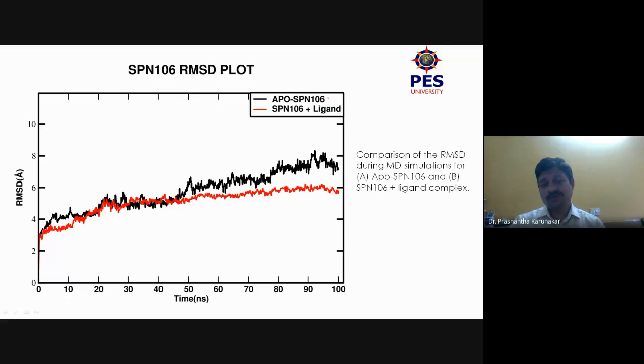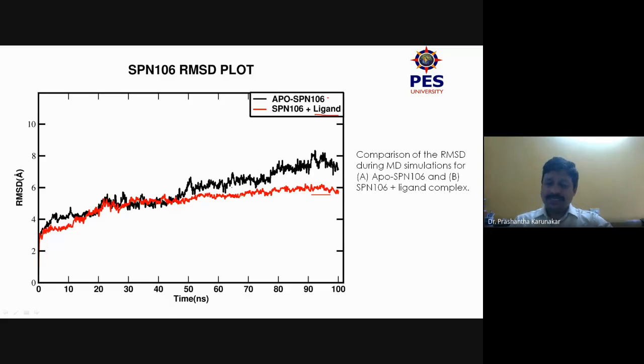APO refers to without ligand. So it is having a slightly higher deviation, and the deviation of the protein is decreased when the ligand is bound to this. That is the red color. So the deviation of the protein is reduced when the ligand is bound to this.